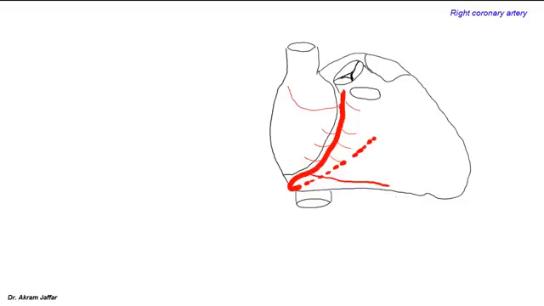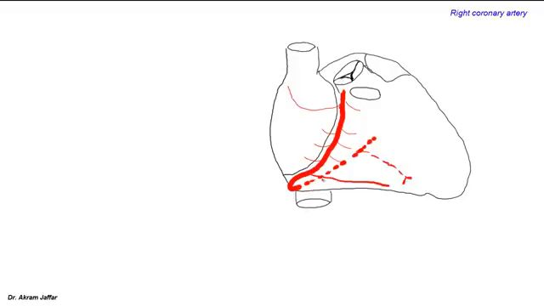On the inferior surface of the heart, the right coronary artery provides a posterior interventricular artery that passes into the posterior interventricular groove. The remaining part of the right coronary artery continues behind the crux of the heart to anastomose with the termination of the circumflex of the left coronary artery.